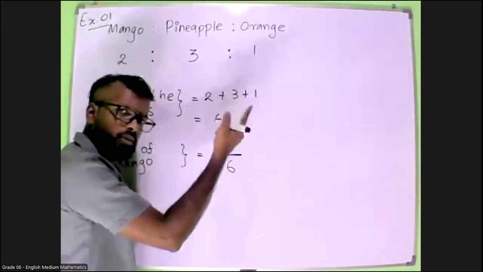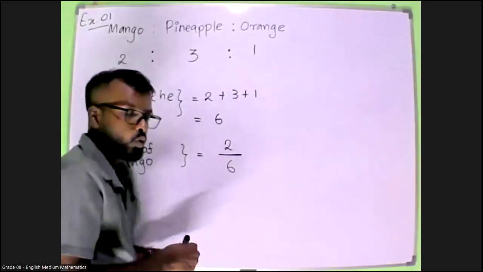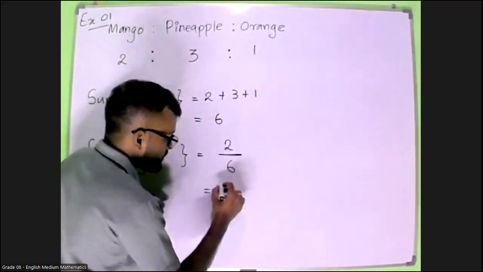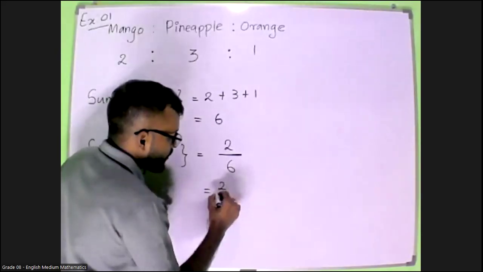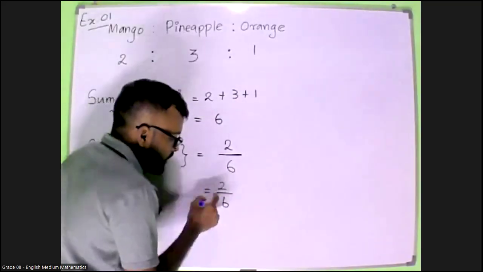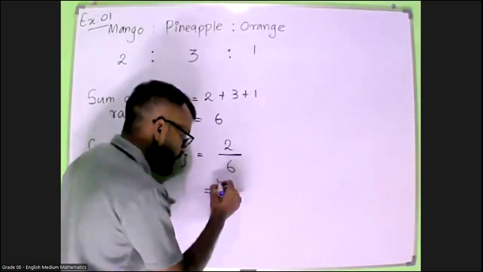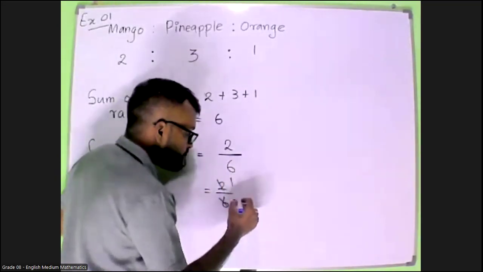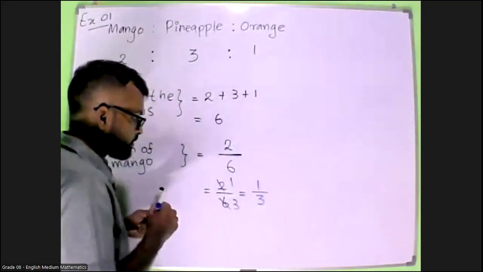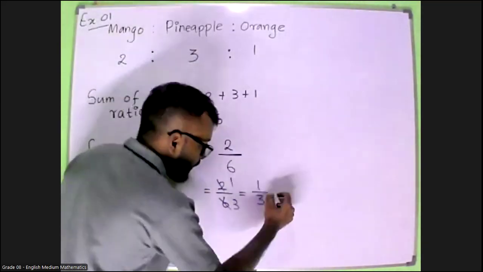Can we simplify this furthermore? Yes. 2 and 6 can be simplified furthermore, so I will write this again, then you can understand. 2 upon 6. This can be simplified because 2 and 6 can be divided by the same number, 2. 2 times 1, 2 times 3. So the final answer will be 1 upon 3. So fraction of mango 1 upon 3.